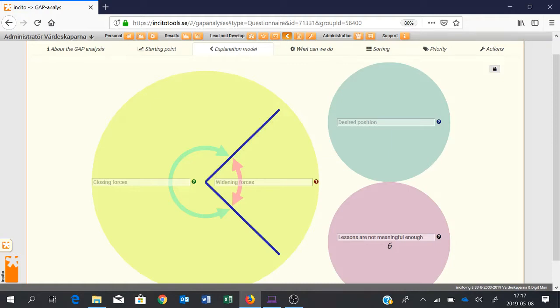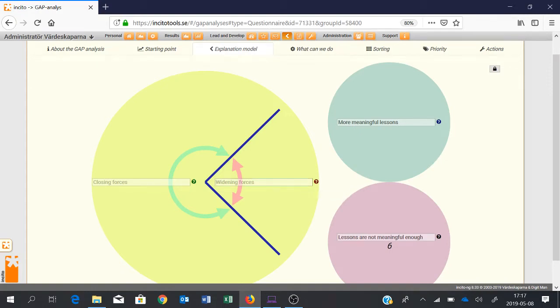And the desired position is more meaningful lessons. This is not rocket science, it is just to frame the discussion. So when we have an improvement discussion, it's very easy to find new angles, and the discussion widens. This is to narrow it down, this is focus, this is what we're talking about.